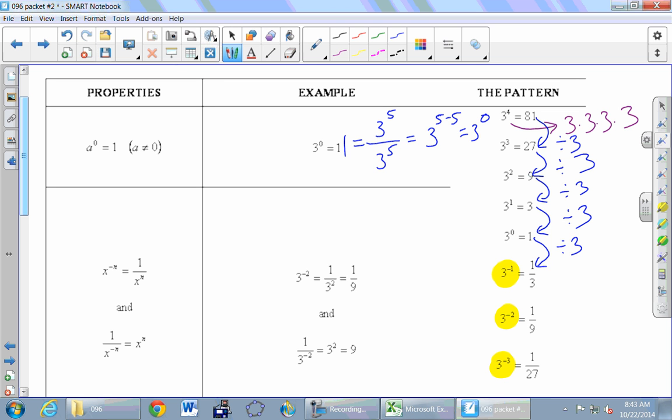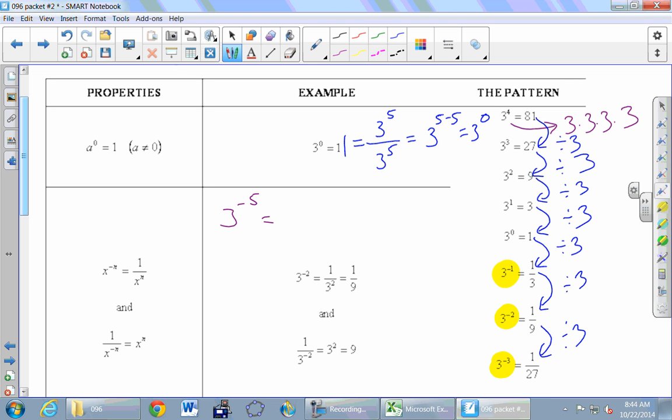And then what should we do to a third to figure out the next power? We should divide by 3 again. If you take 1/3 and divide by another 3, we get 1/9. So we define 3 to the negative 2nd to be 1/9. Then divide by another 3, and we get our definition for 3 to the negative 3rd: 1 over 27. And so in general, let's actually do one more that's not on the page.